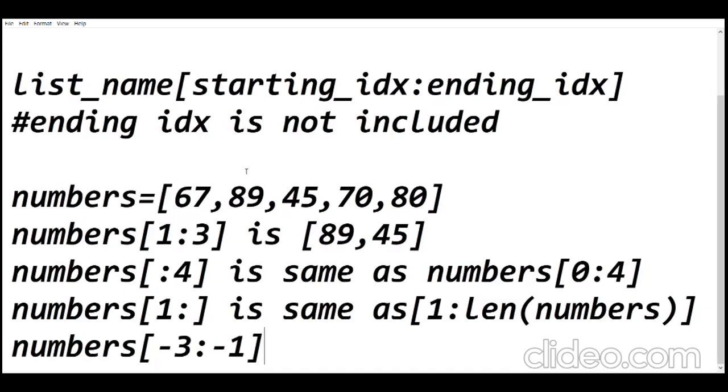Then the 1st index 89, the 2nd index 45, and the 3rd index is not included in the slicing, so it will be 89 and 45.